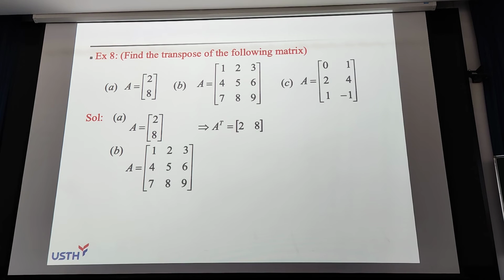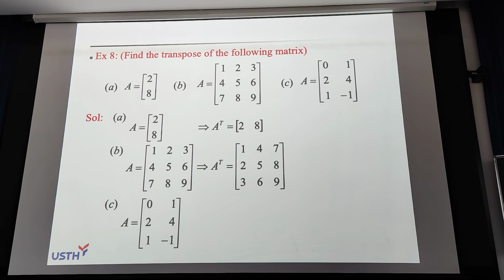The next one, B is that, then B^T will be that one. And the last one, C is that, then C^T will be that one. So that operation is very easy to compute.